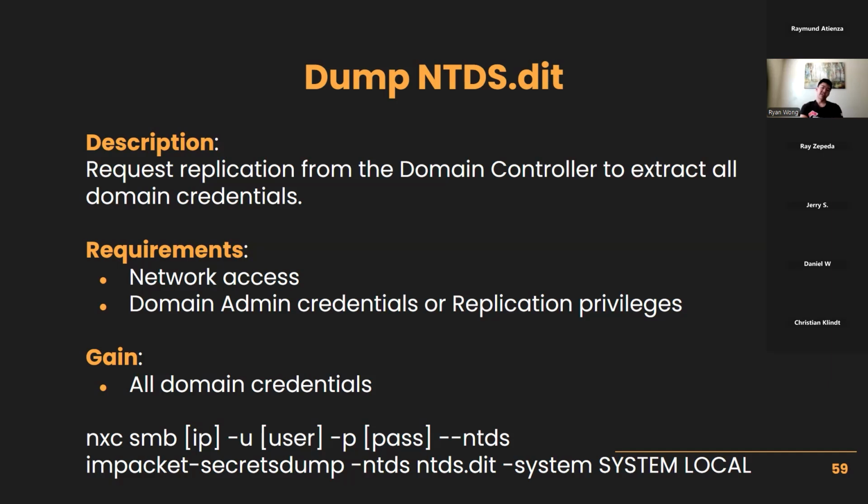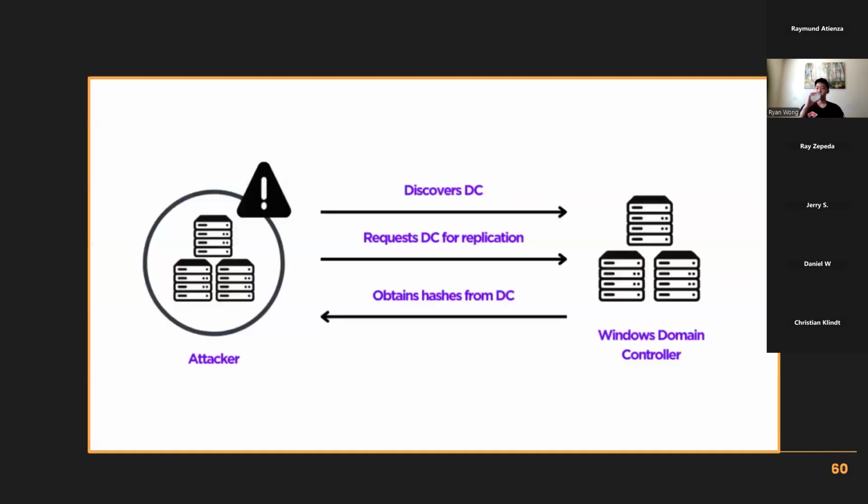Another thing to note about ntds.dit is that it's also called DC sync because you're syncing the domain controllers. So oftentimes you're going to be seeing those two names interchangeably. This is an example of DC syncing.